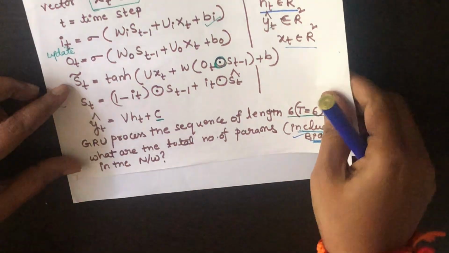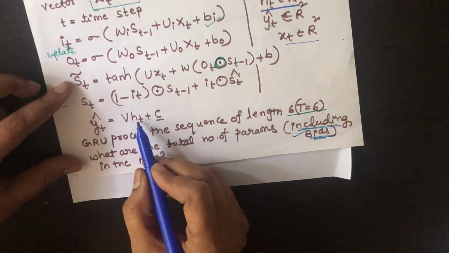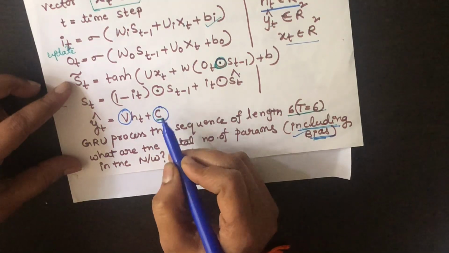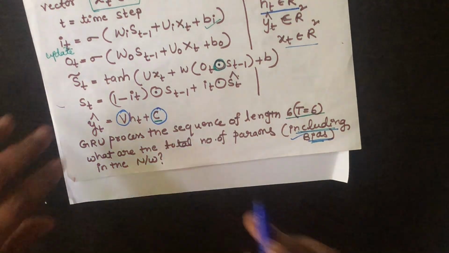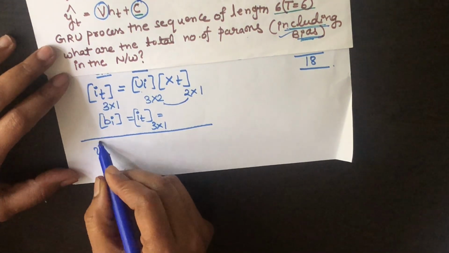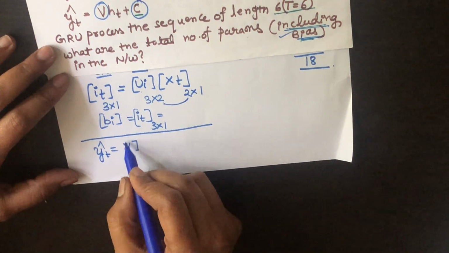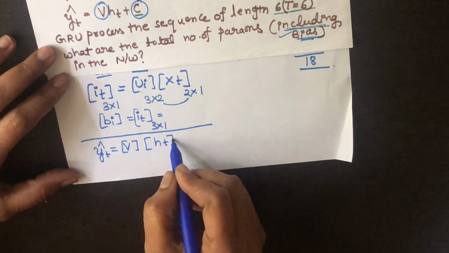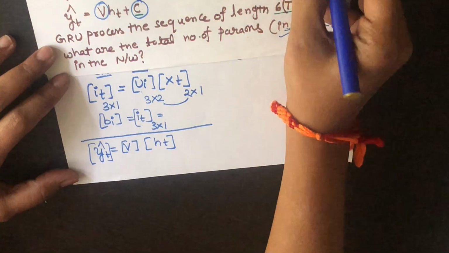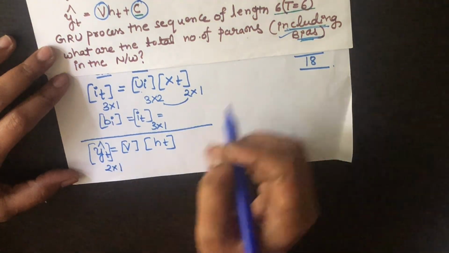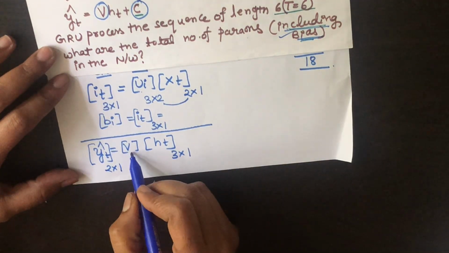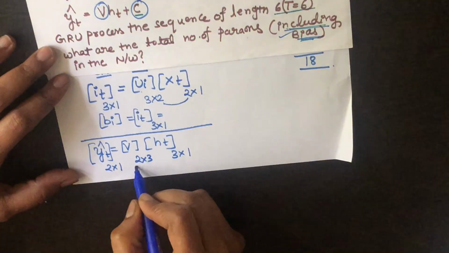Next, coming to the output parameters. The output equation y hat equals V ht plus c. We have to find the parameters of V and the size of c. They gave yt two-dimensional, 2 cross 1. ht is three-dimensional, 3 cross 1, and V is 2 cross 3.